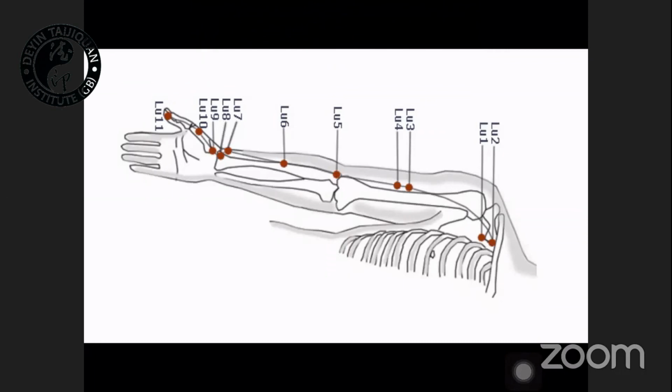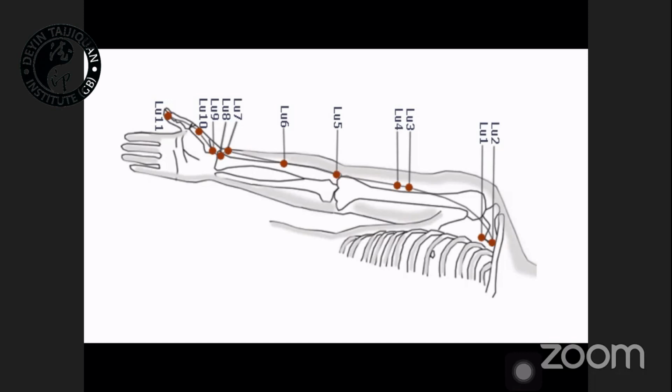This is the screen showing the lung channel. You can see the name of the lung channel abbreviated as LU. On your right side it starts from 1, 2, where 1 is lower down and 2 is going up, then 3, 4, and so on, up to lung 11.